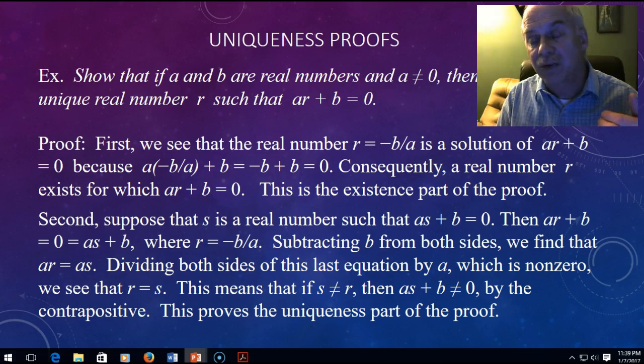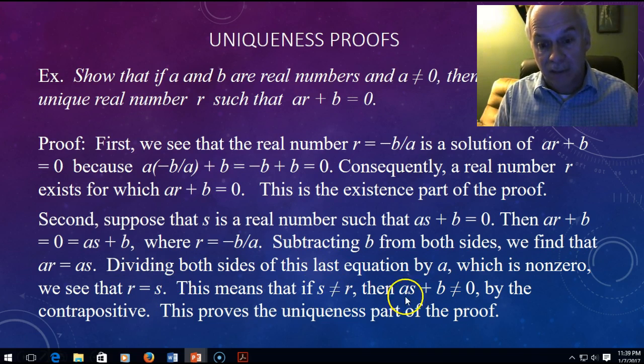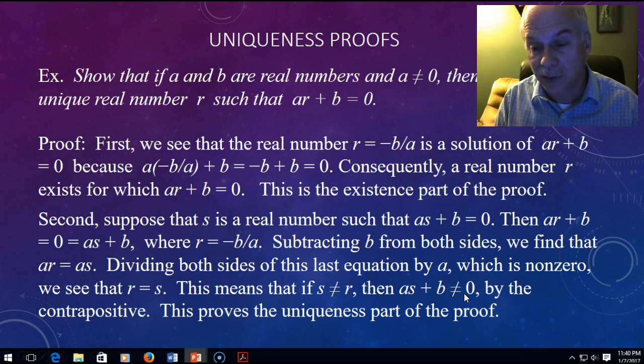But what is the contrapositive of that? Well, the contrapositive of that is if it's not true that r equals s, so in other words, if s is not equal to r, if the two are not equal, then as plus b is not equal to 0.